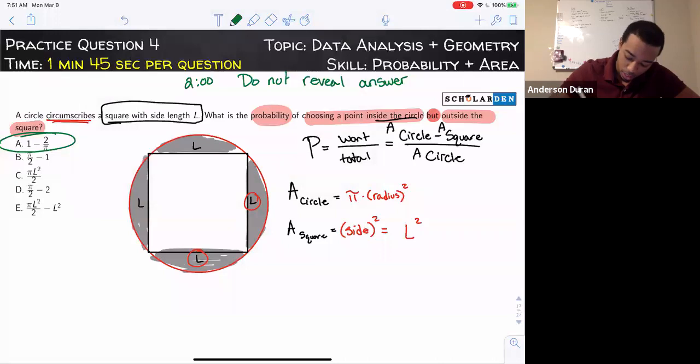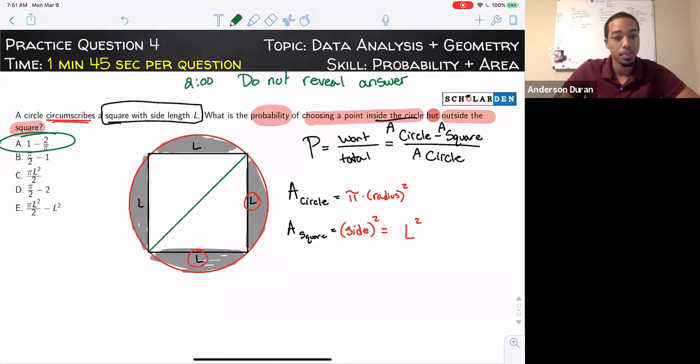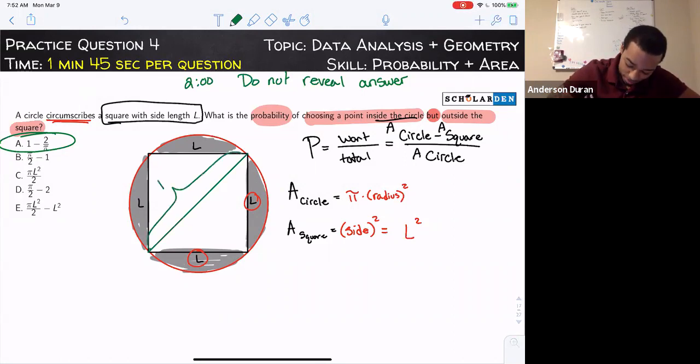Remember, if we're taking a look at this circle, something very interesting happens. That green line that I just drew is the diagonal of that square, and the diagonal is also the what of the circle? The diameter. This whole thing is the diameter.